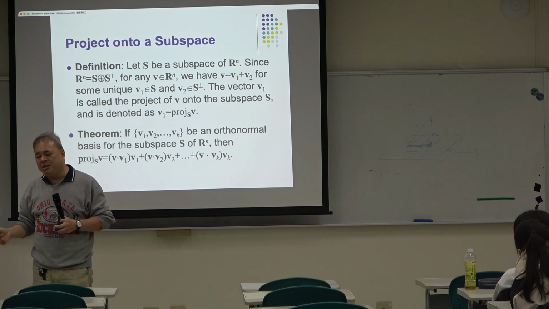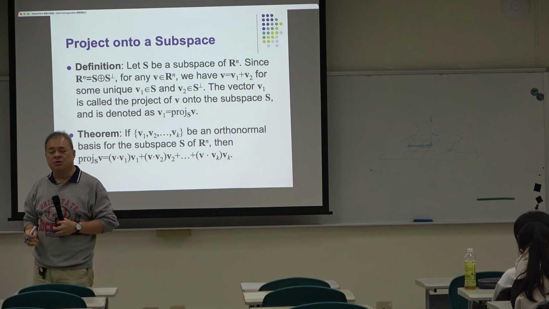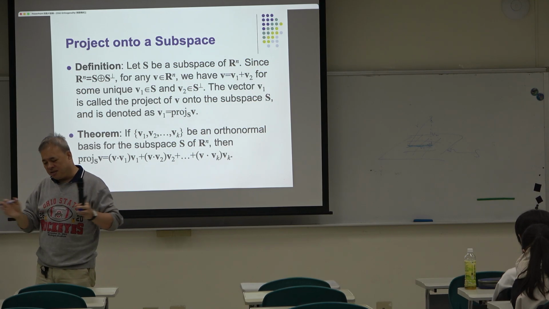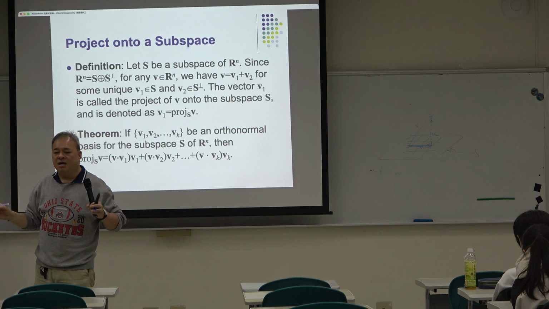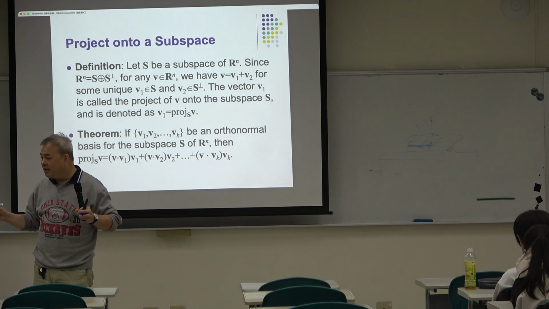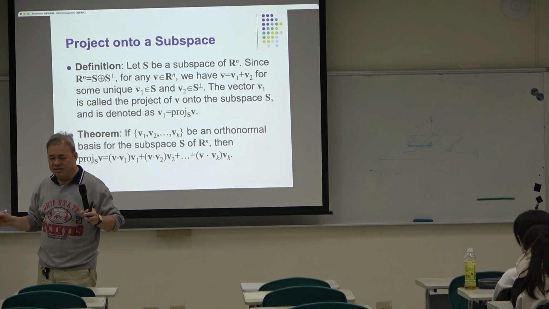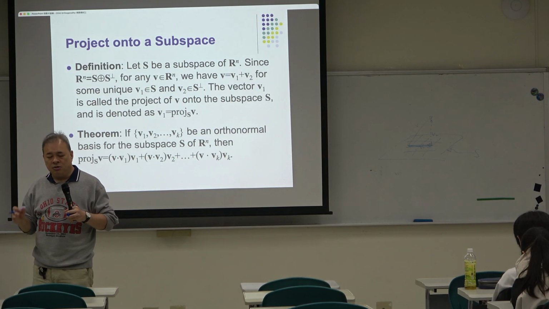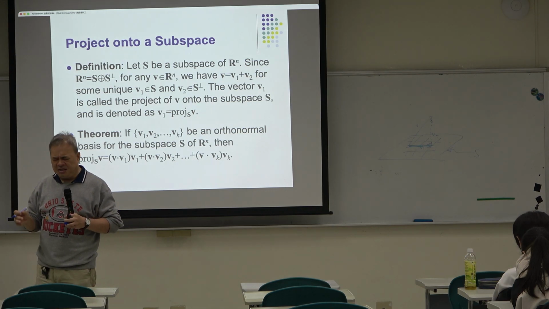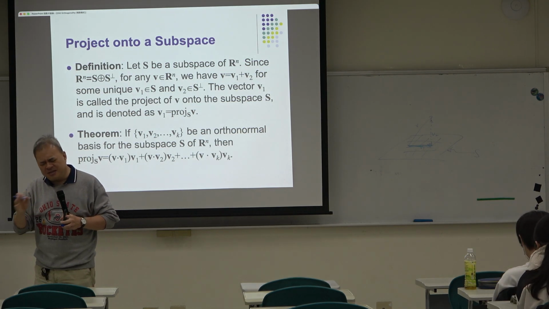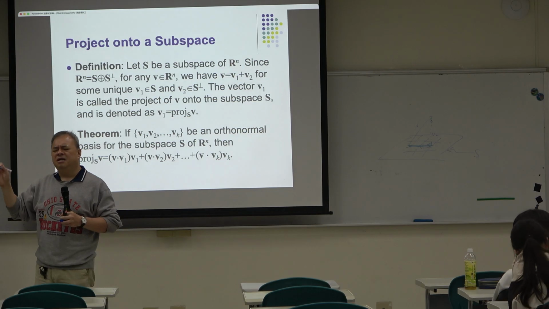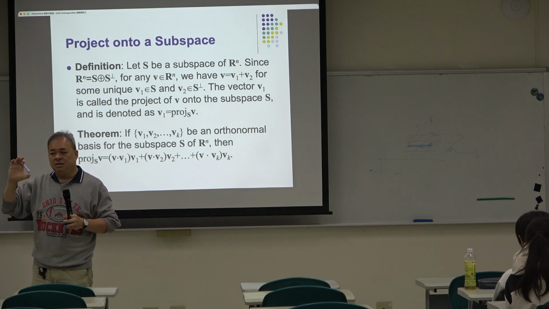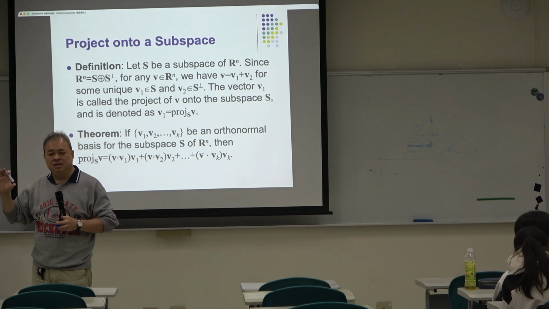You already discussed what an orthogonal basis is: all these k vectors are orthogonal to each other. An orthonormal basis means these vectors are not only orthogonal to each other, but each of them is a unit vector.